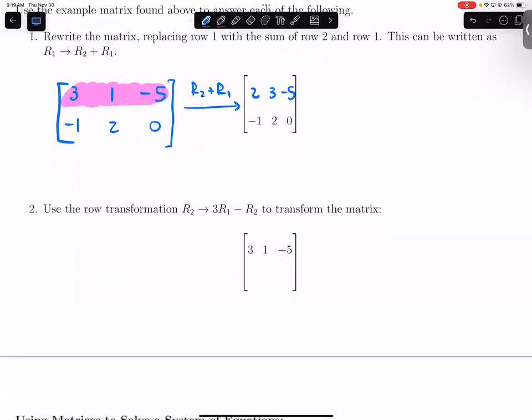Same original thing. Do that one. Row 2 is 3 row 1 minus row 2.